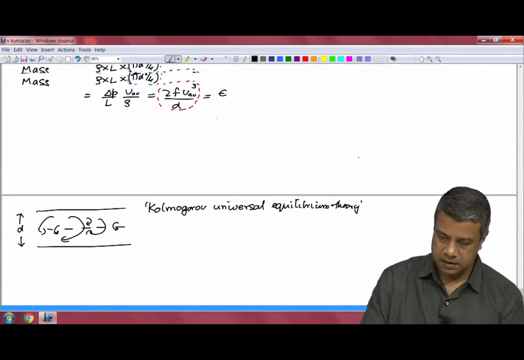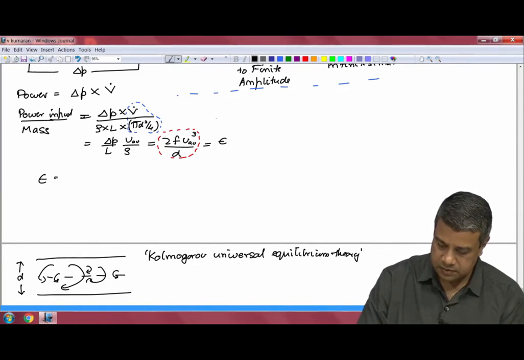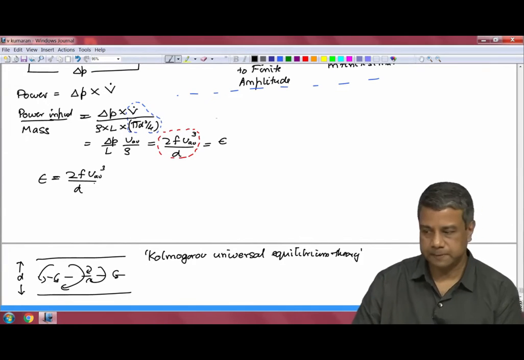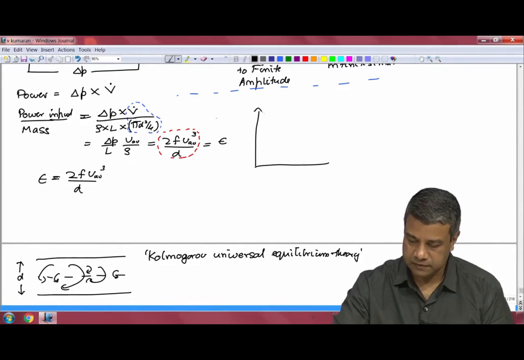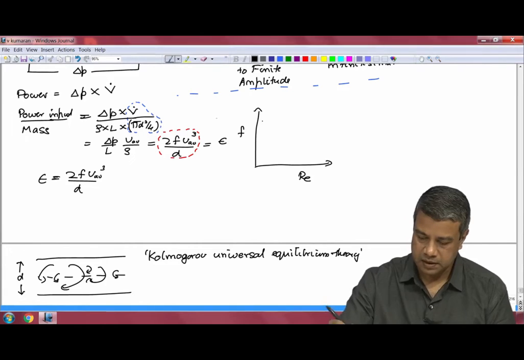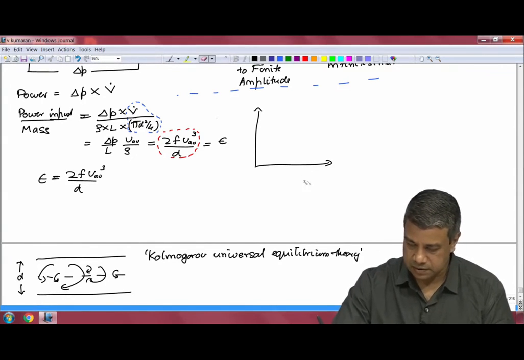So, first things first, I told you that epsilon is equal to 2 f v average cubed by d. And if you recall, we had drawn the friction factor versus the Reynolds number graph. This is log-log.